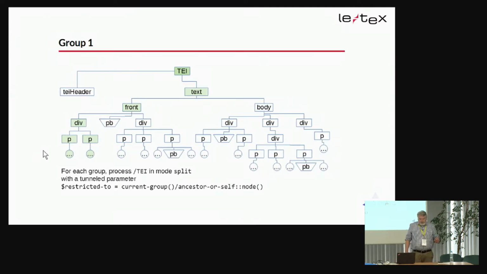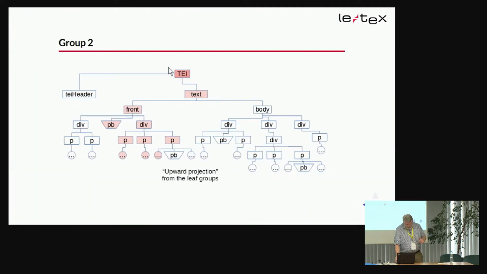So for the first group, it would look like this. You can imagine the pale green here is the future target chunk. It's the reduced representation. Or for the second one, it's this. You see here, this is the first leaf node, these are the others. And if you look, these are all the ancestors right until here.